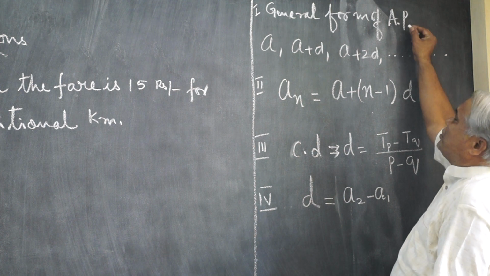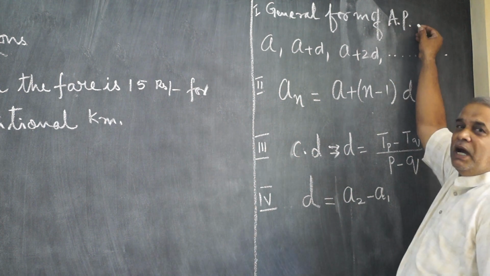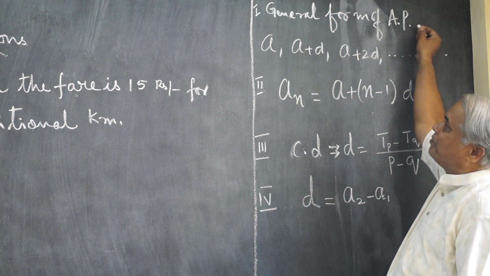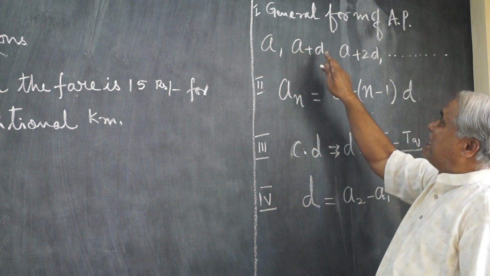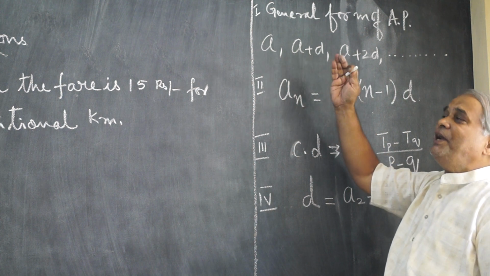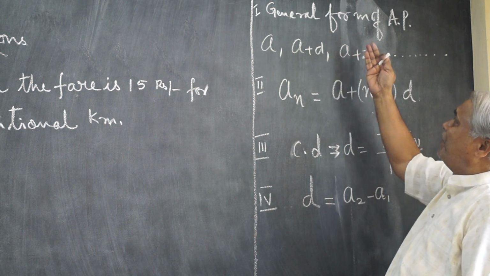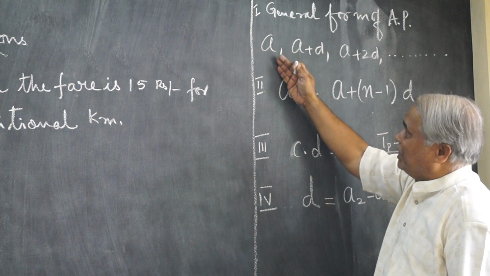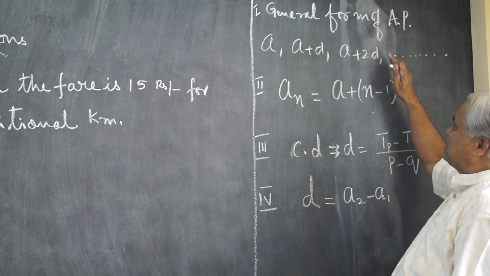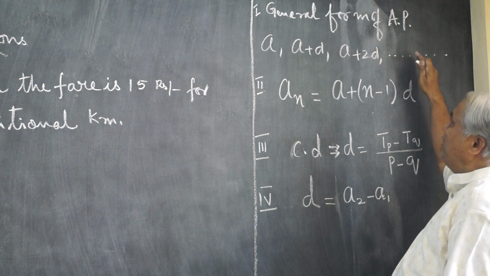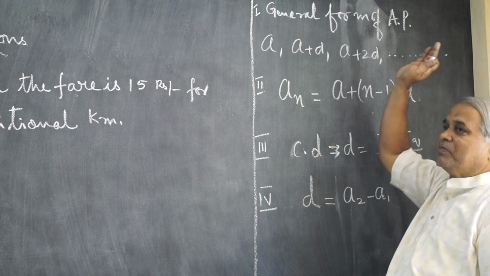We write this in a short form AP, arithmetic progression. A, that is the first number. A plus D, what we are going to add to that? Same number we are going to add. So A plus D, A plus 2D, A plus 3D, A plus 4D, etc.